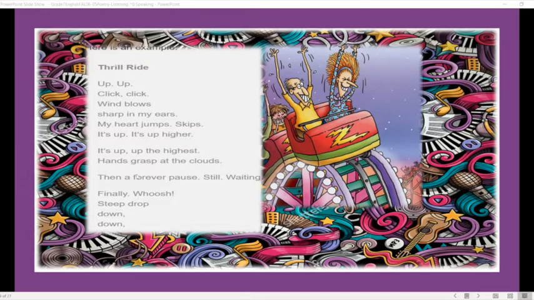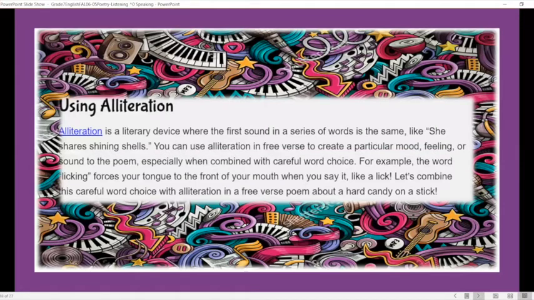Then when you have longer words, like hands grasp at clouds, then a forever pause. Forever pause is more of a longer word, so it feels like it's dragging time out and waiting. So that slows the poem down a bit. I think this is about where we stopped yesterday. And here is where we're going to start.